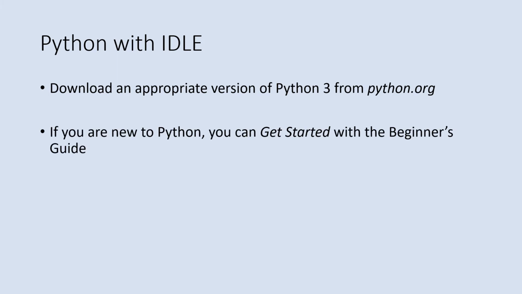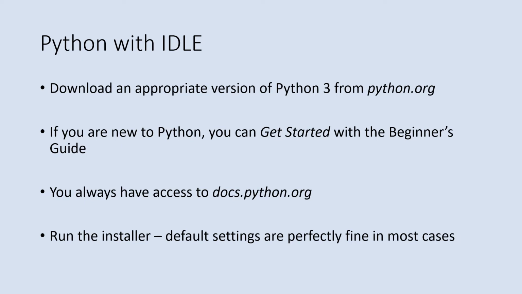It's usually a completely straightforward download, and there's a beginner's guide that's available if you're new to Python, and you can get started. Otherwise, there's more detail at docs.python.org, and it goes very deep into all of the things that are available. So you can utilize those in lots of different ways.